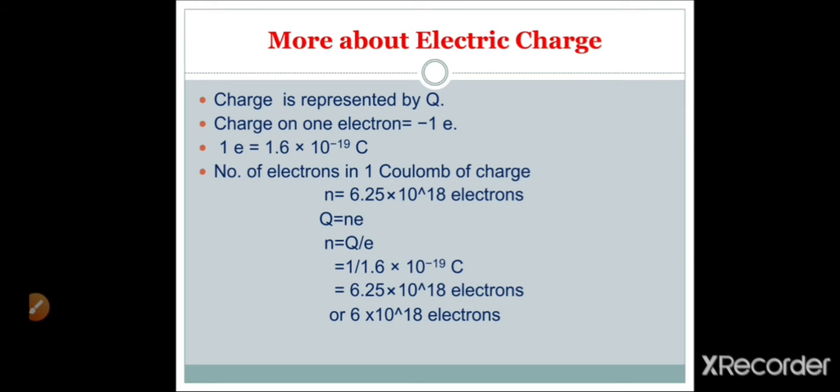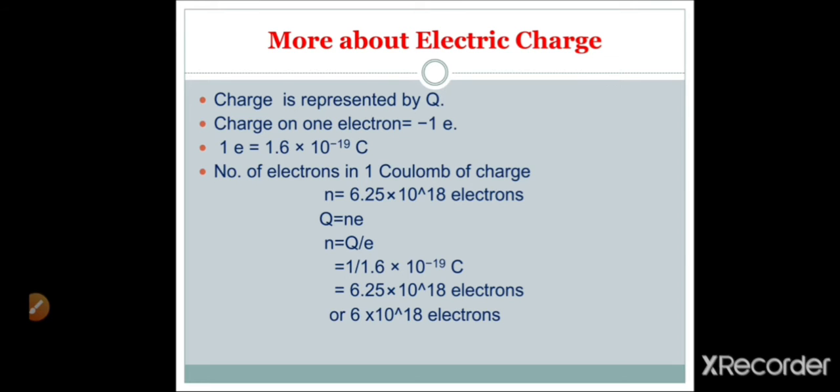If we want to calculate N, that is the number of electrons, then N equals Q upon e, for the number of electrons in 1 coulomb of charge. Then we place the values of Q and e. Q will be 1 here, as we are taking 1 coulomb of charge, and e, the charge on 1 electron, is 1.6 into 10 raised to power minus 19 coulomb.